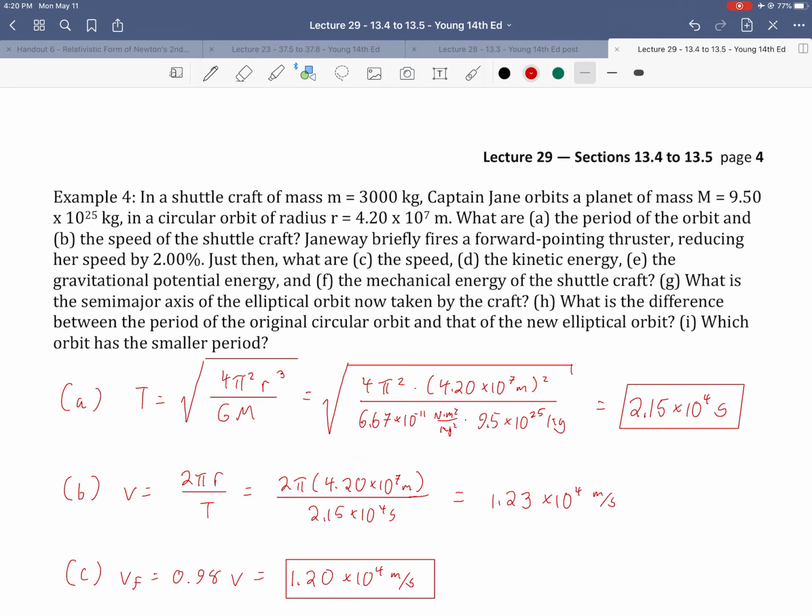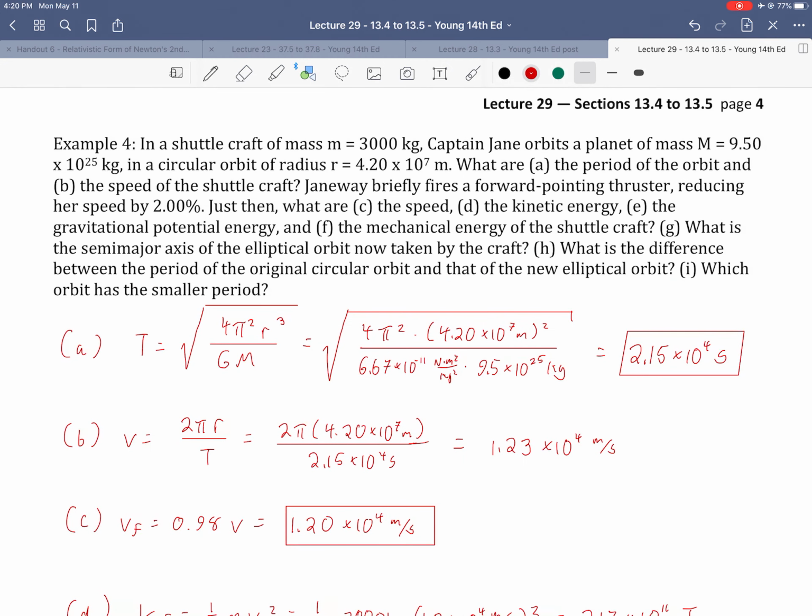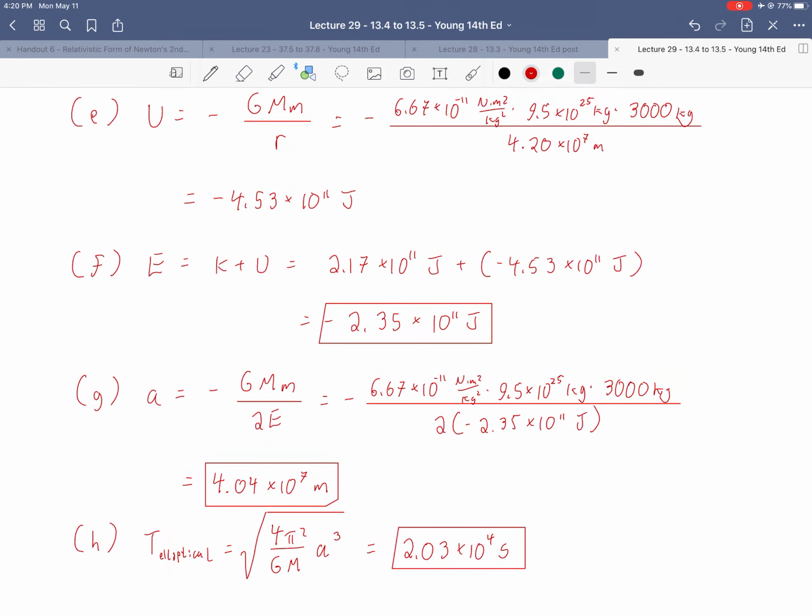And then finally, we're asked to compare them, which we can just do by looking at the numbers. So in part I, which orbit has the smaller period? Well, when it was a circular orbit and it was going faster, it had a period of 2.15 times 10 to the 4 seconds. When it became elliptical, it lost energy. Its orbital parameter, distance-wise, got smaller because it's a different shape, but its axis got reduced as it lost energy, and its period also got reduced. So that actually means it's going to make it around faster.